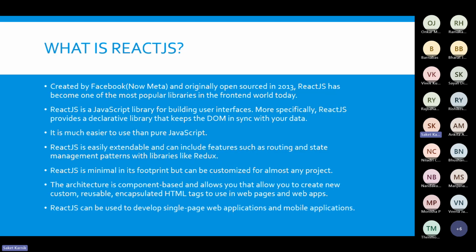Much more easier to use than Vanilla.js. Easily extendable and can include the features like routing and state management. For state management, it might make use of the libraries like Redux.